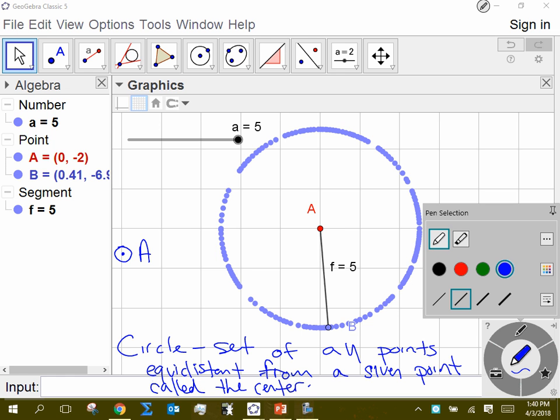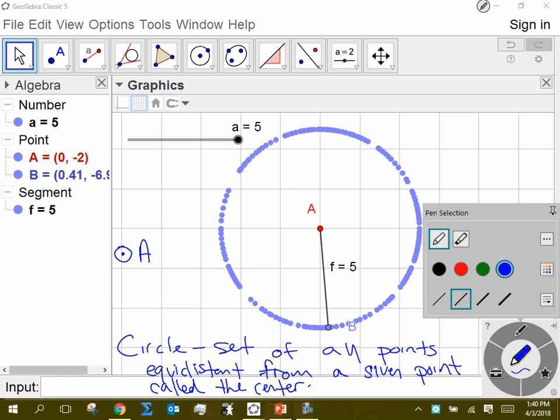If I'm looking at triangles, we talk about how 3 segment lengths and 3 angle measurements define a triangle, correct? The only measurement that defines a circle is the radius. It's the only thing that you need in order to create a circle, which is a real nice characteristic.